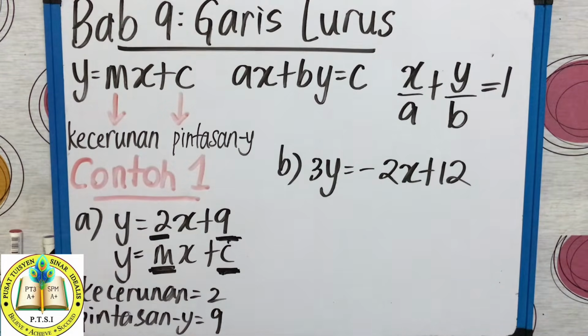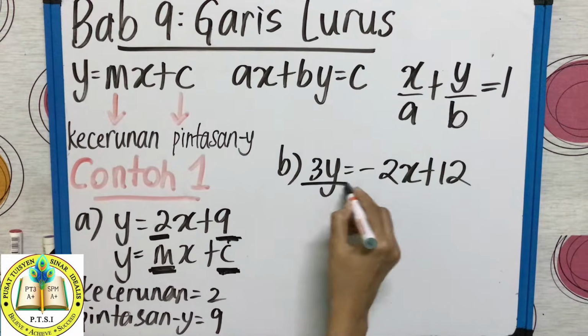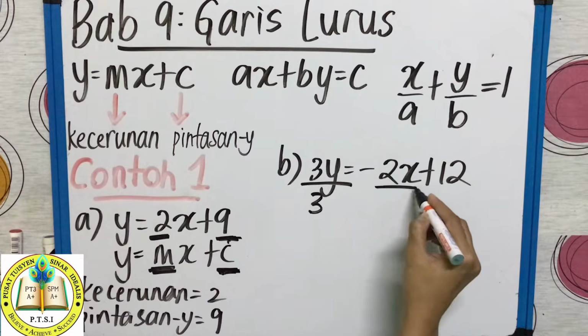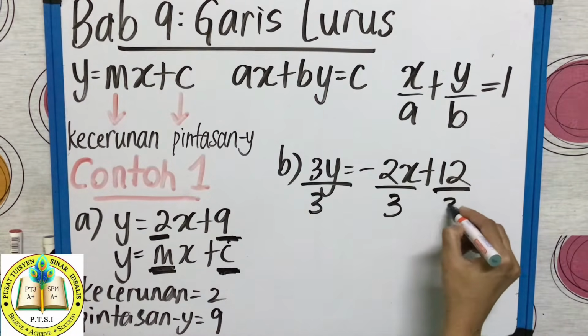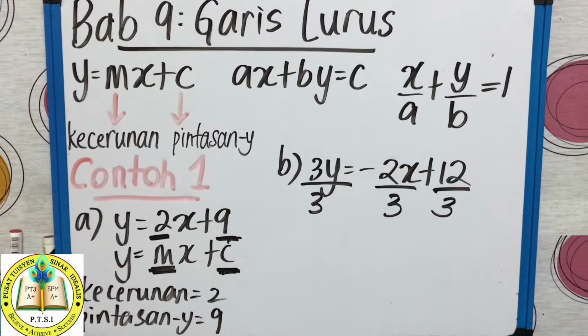So, apa yang perlu kamu buat dengan 3y? What is supposed to do with the 3y? You don't want the 3. Kamu tak nak nombor 3. So, what you can do? Divide 3, divide 3, divide 3. Faham kelas? Kalau kamu tak nak nombor yang ada sebelah y, kamu bahagi nombor tersebut. You divide the numbers. So, divide 3, divide 3, divide 3.